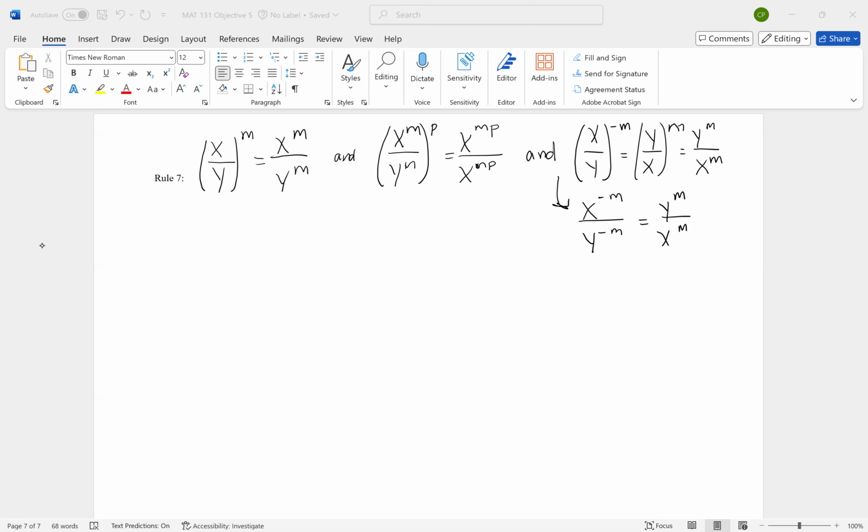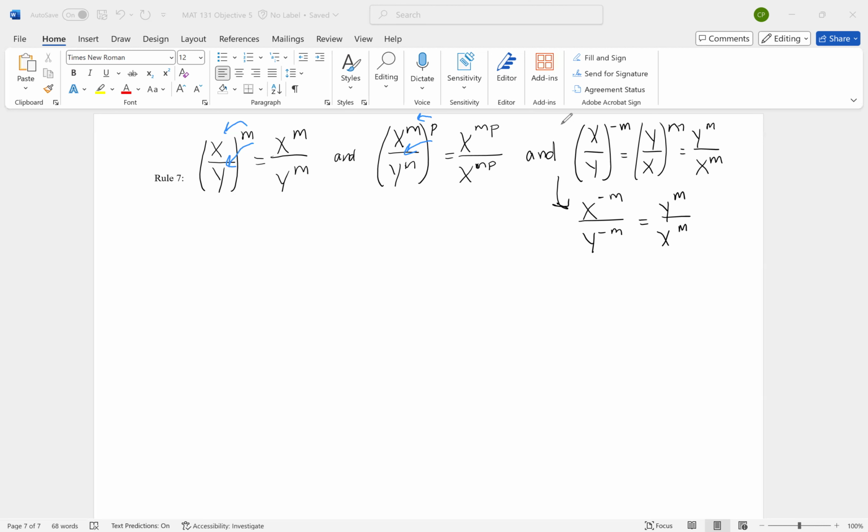The same way we kind of thought about it earlier, that exponent of m, we can kind of put that in to both of those to get x to the m over y to the m, all right? If we had x to the m over y to the n to the p, we could put that p in to both of those and get x to the mp over y to the np, okay?